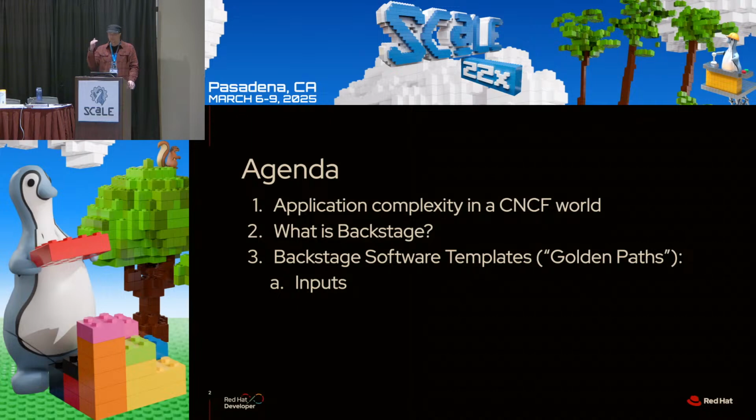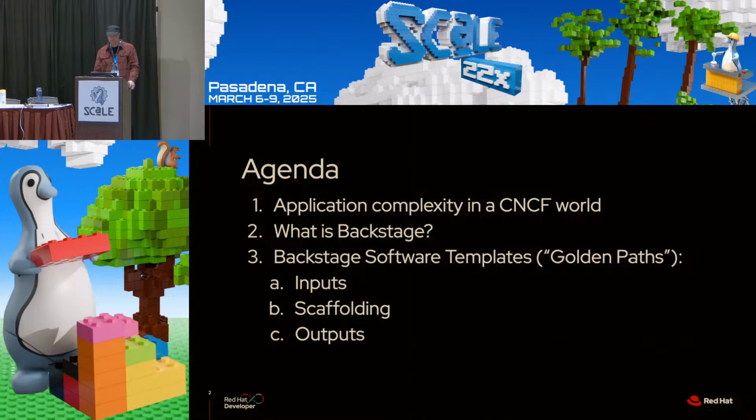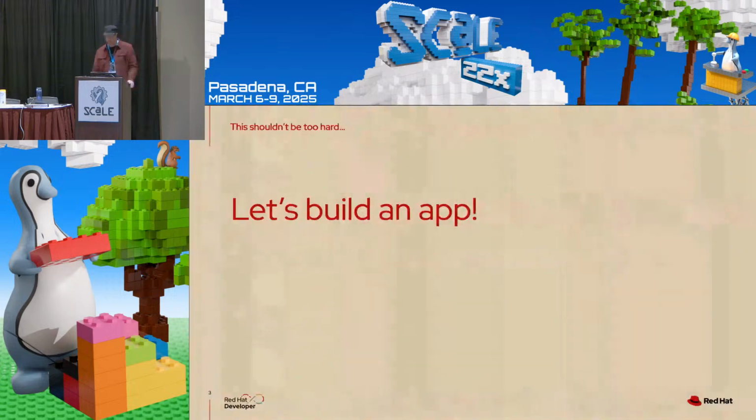Within those software templates, we'll look at three specific areas: a set of inputs that we're going to investigate, some scaffolding that'll happen, and then we'll look at some outputs. Then we'll see if we have time for Q&A. I'll try to do a demo of some scaffolding if the demo environment holds up. So let's see how lucky we are.